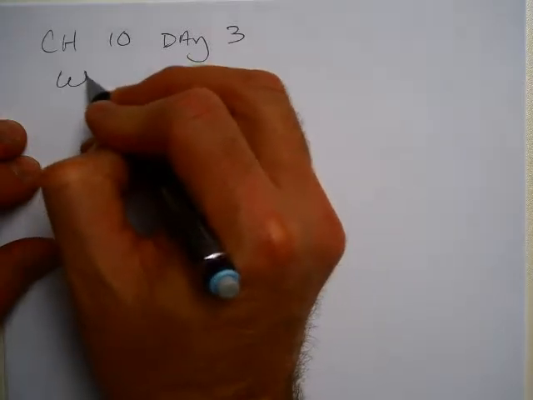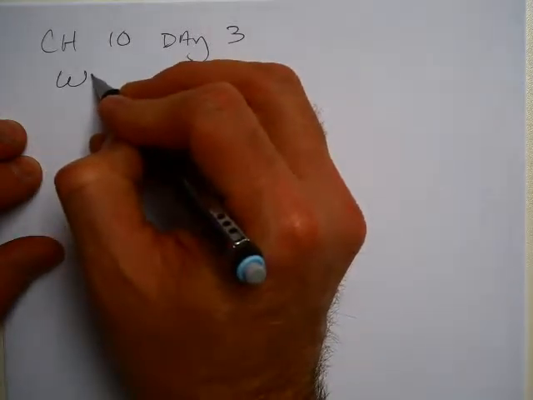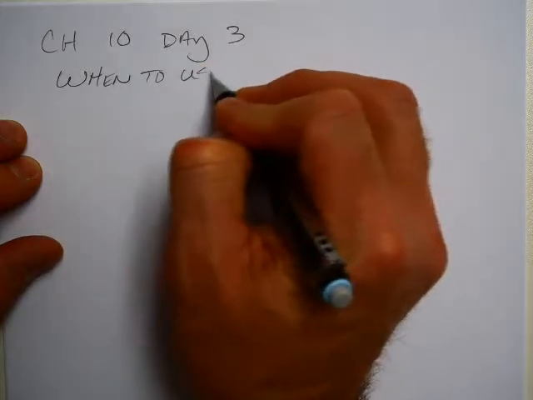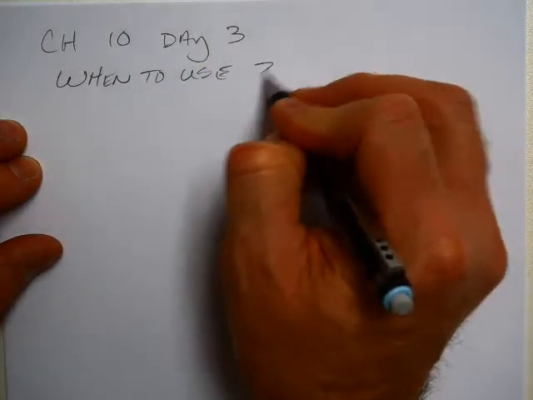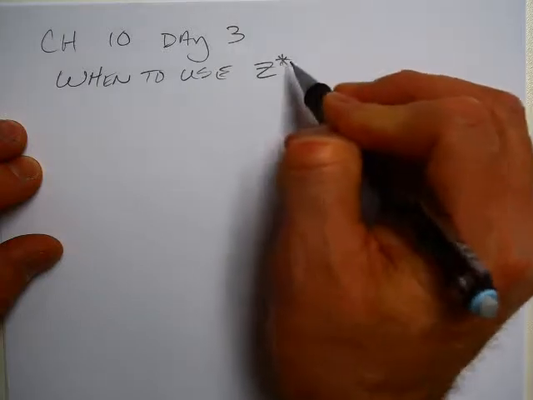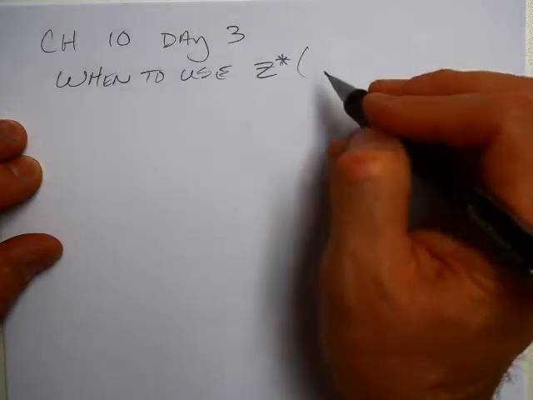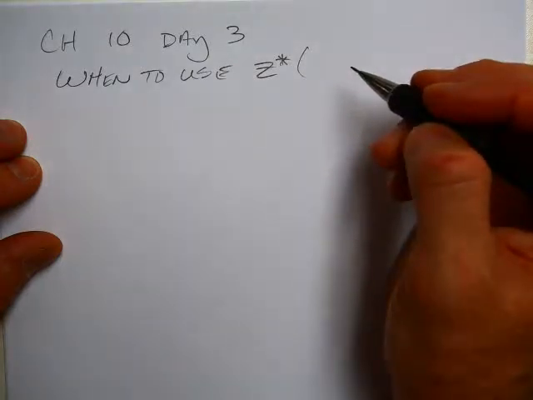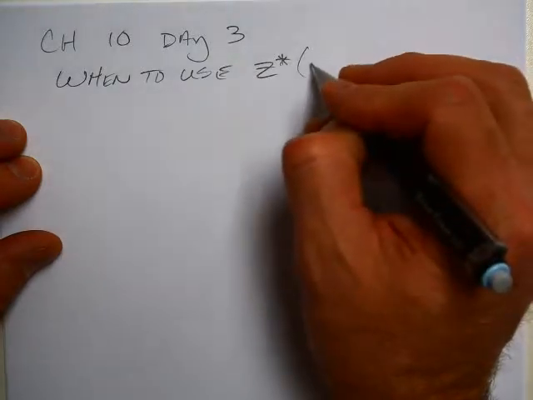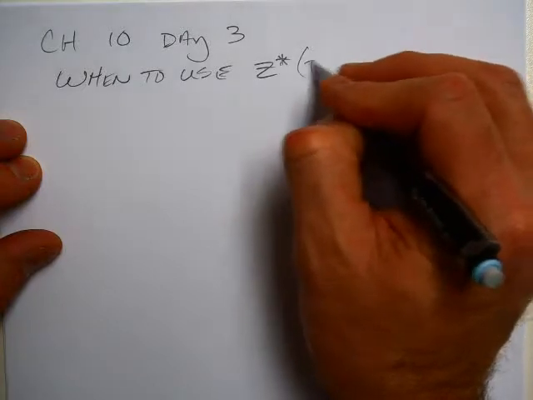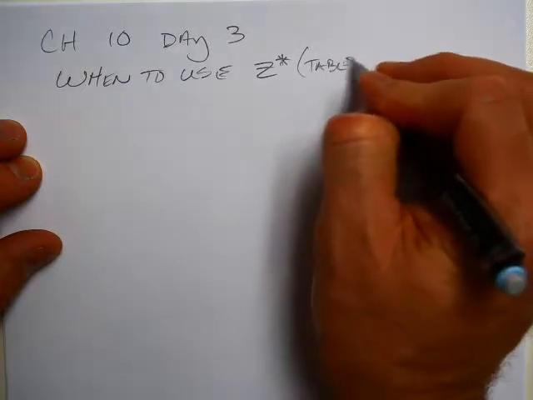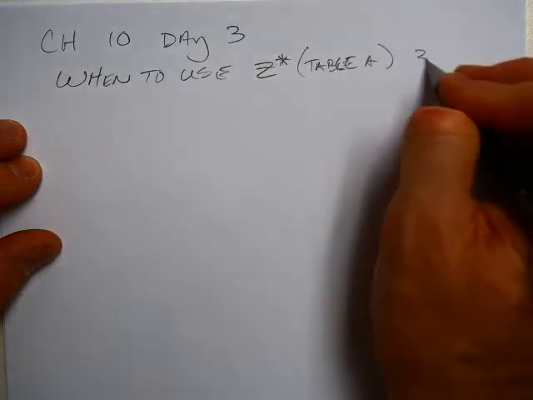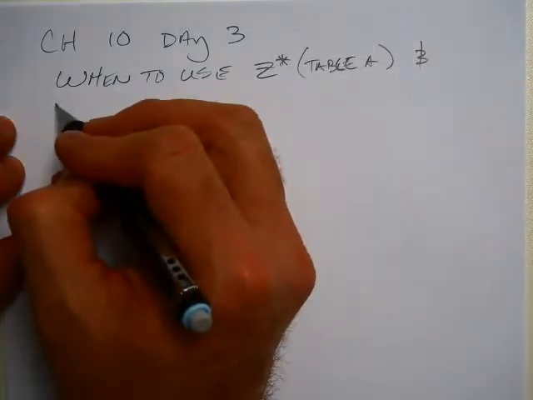So today we want to make sure that we understand when to use Z star with Table A, our probability table, and when to use T star.